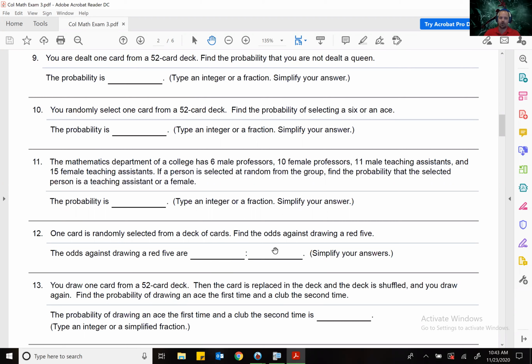On bottom are all the ways we win. Okay, so this is different. These are not totals, but these are the number of ways we can lose, the number of ways we can win. We want odds against a red 5. Okay.